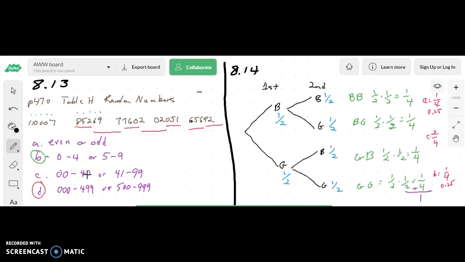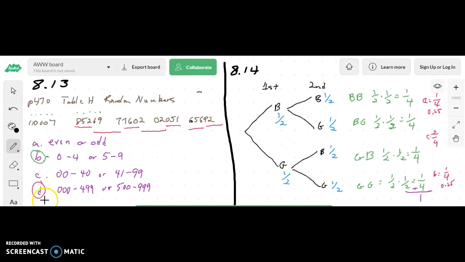Think about if you're reading a book and there was a page 00, and then a page 1 and a page 2, it would actually be 41 pages here. And then from 41 to 99, that would be more than 41.